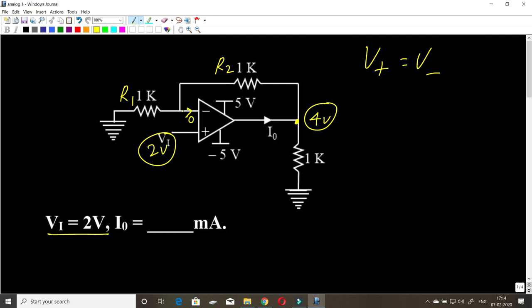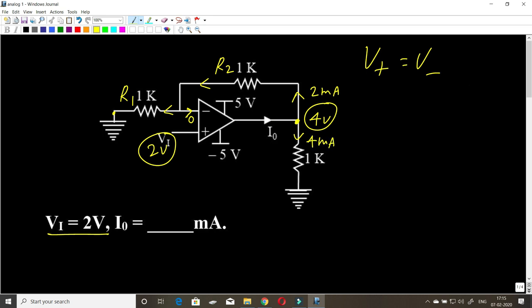Since this current is 0, R2 and R1 both are going to be in series between 4 volts and ground, that is 0 potential. So the current in this branch has to be (4 minus 0) by 2 kilo ohms, which is 2 milliamps. And the current in this branch will be (4 minus 0) by 1k, which is 4 milliamps.